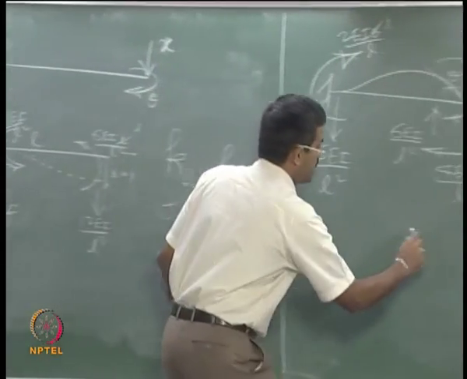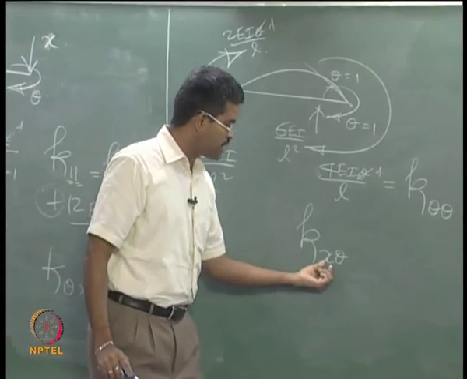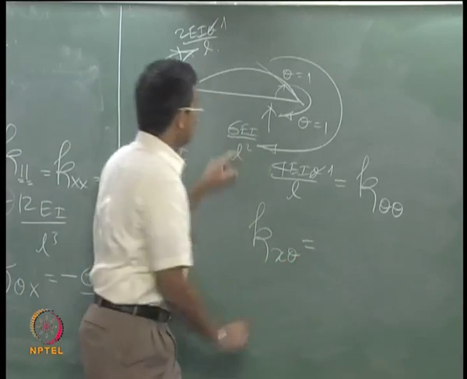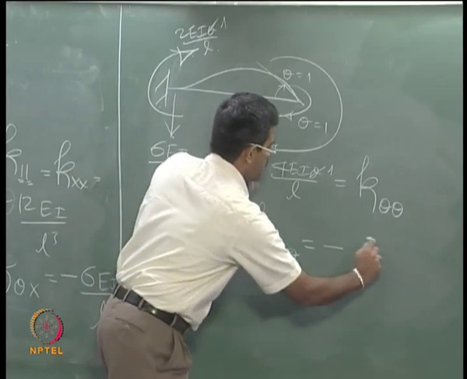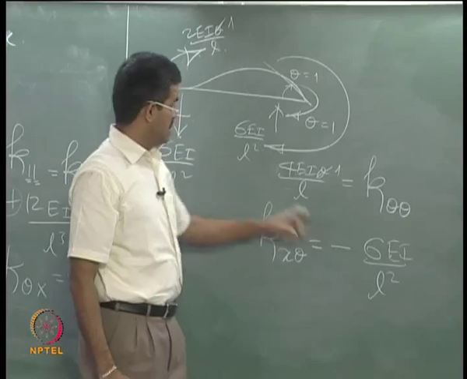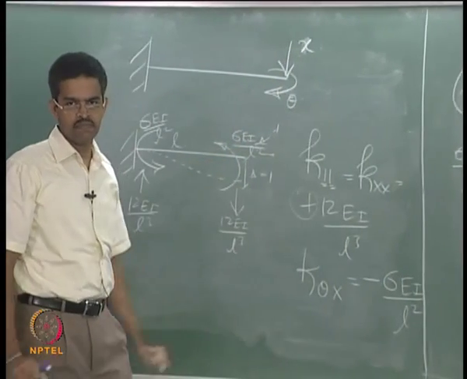So, I should say k x theta, force in x because of displacement given in theta, which is minus 6EI/L², minus because this force is opposite to the direction of x.